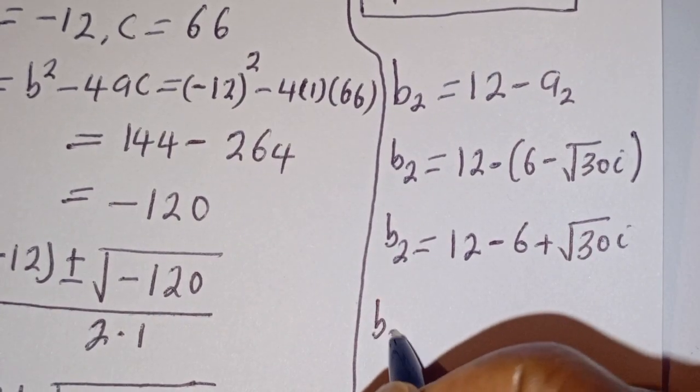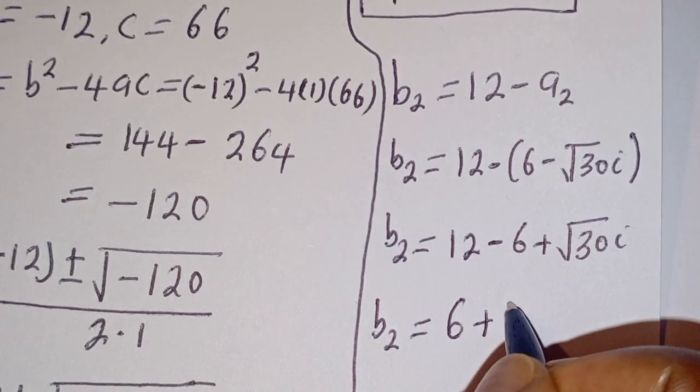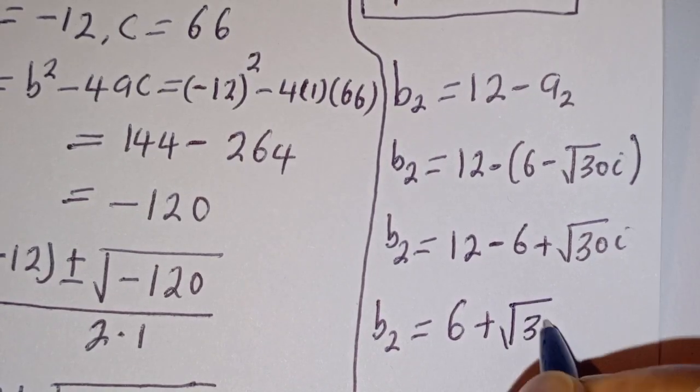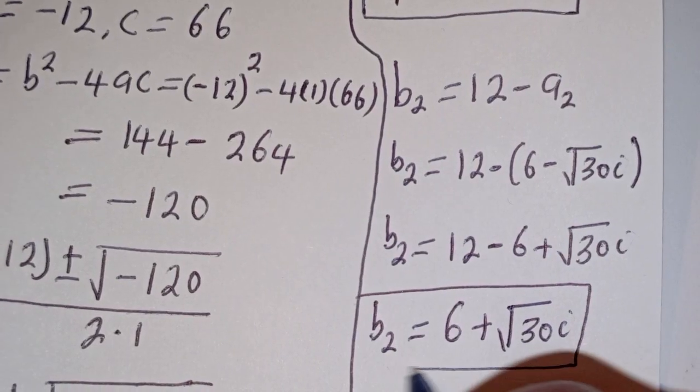The b2 is equal to 6 plus square root of 30i. This is the value of b2.